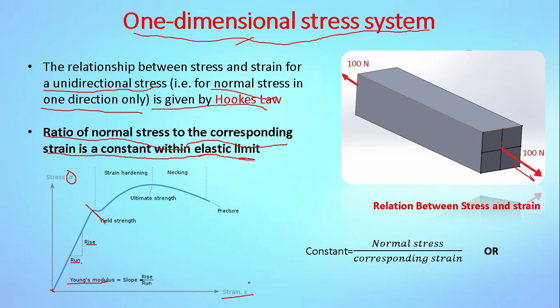So normal stress to corresponding strain is constant, or in other words, capital E is equal to sigma divided by small e, where capital E is Young's modulus, sigma is the stress, and small e is strain. So the ratio of stress to strain is equal to capital E, that is Young's modulus.